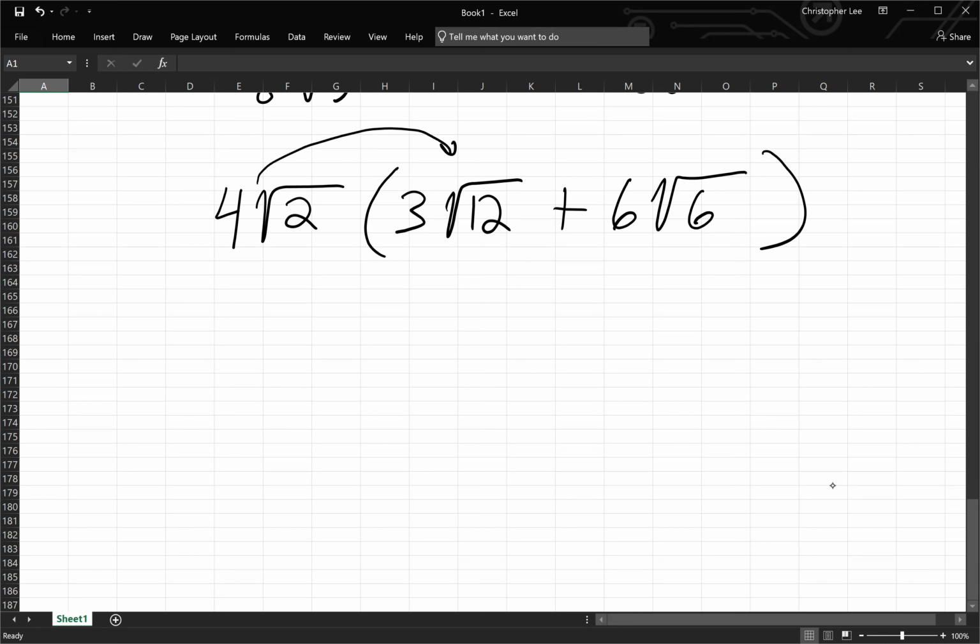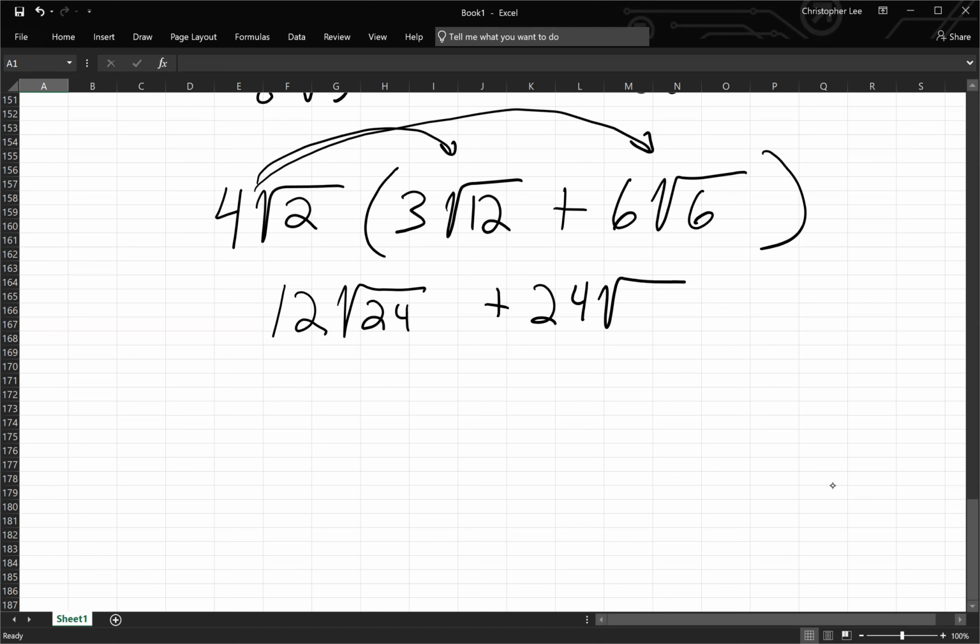I don't know, this distributing is the right way. That's it, yeah. Give me 36, 36. Wait. Help me out. What's 4 times 3 again? 12. All right. So 12 square root what? 24. Good. Plus. What's 4 times 6 again? 24.